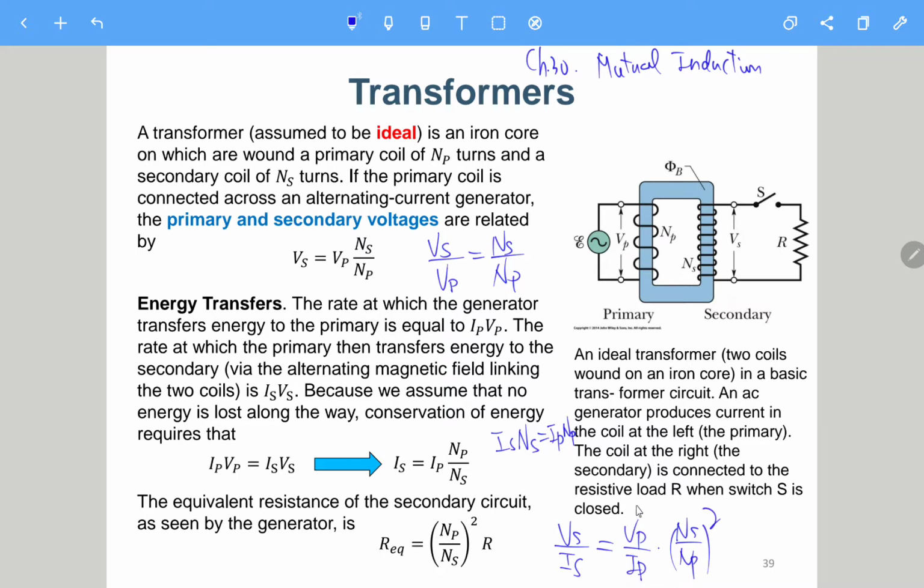So for the primary coil, Vp over Ip is the impedance of the first coil. But with the number of turns different from 1, the impedance of the secondary coil is multiplied by the ratio of the number of turns, squared. This is the so-called impedance transformation.